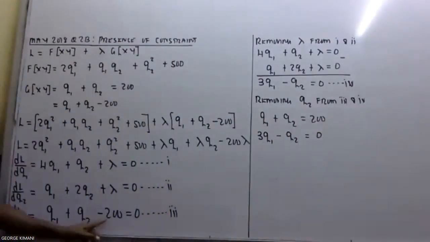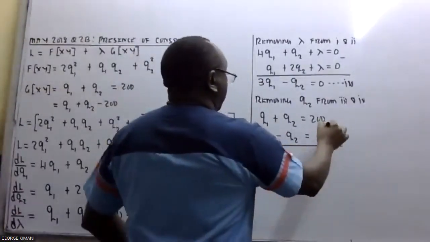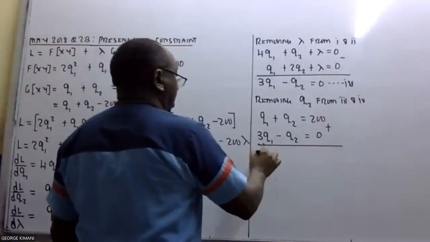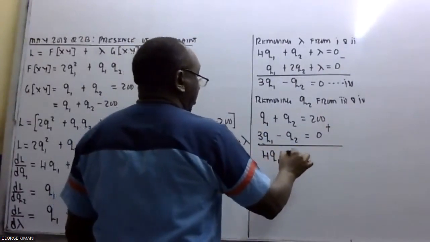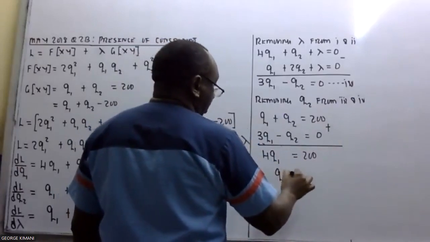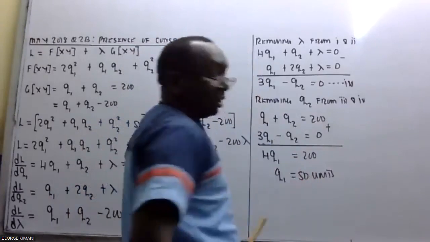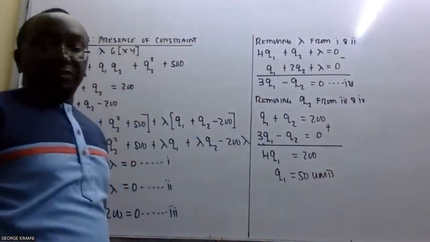When you add these, this becomes 4Q1 equals 200. And then it follows that Q1 must be 50 units.